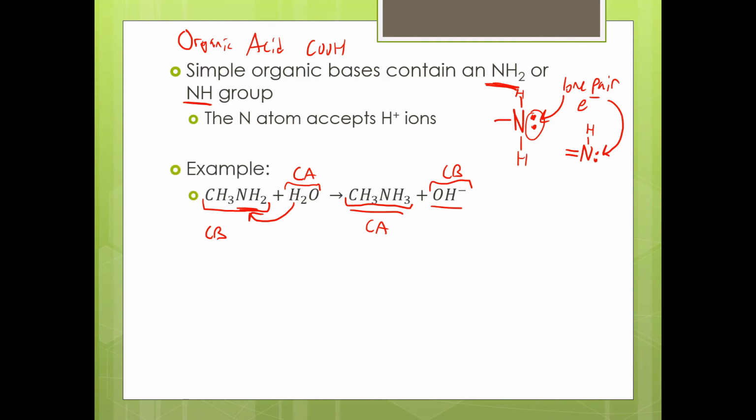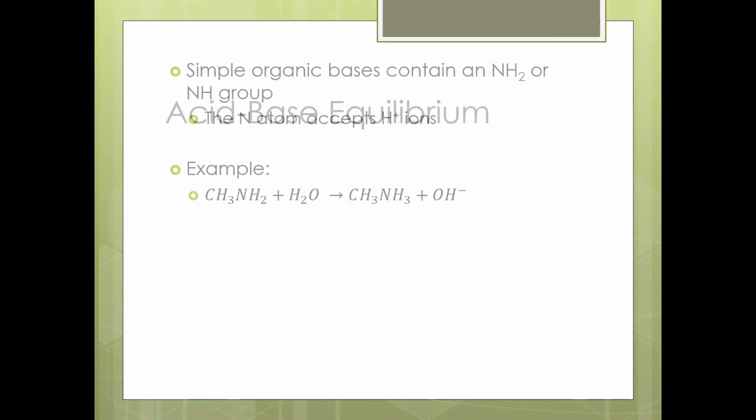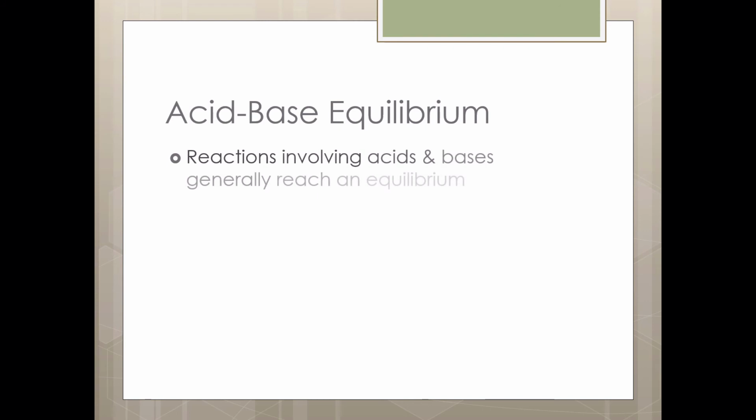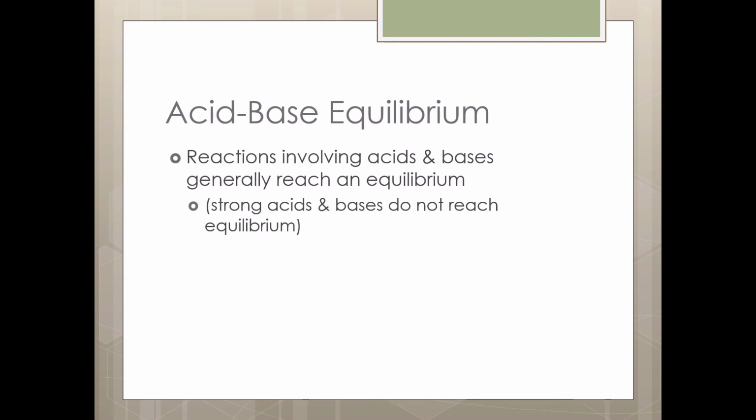So moving on, when we deal with acids and bases, we sometimes have to deal with acid-base equilibrium. Now, acid-base equilibrium generally happens whenever you have some kind of acid or some kind of base in a system. There's one exception to this though, and that's the fact that there's a certain group of acids and bases which we call strong acids and bases.